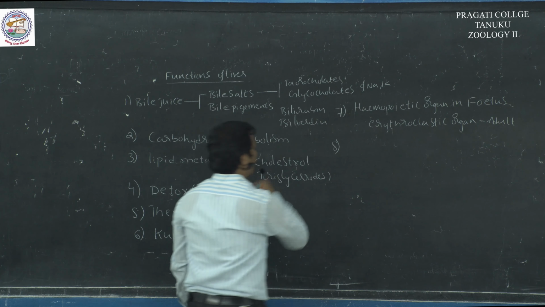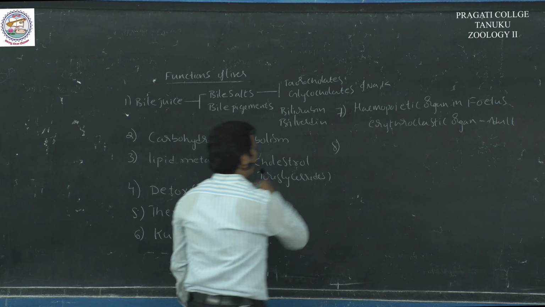The wall of the intestine possesses the outer serosa layer, followed by the muscularis layer, and then the submucosa and the mucosa.